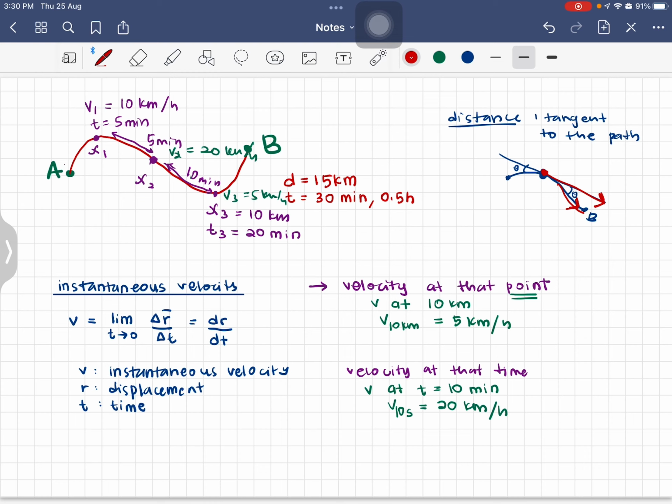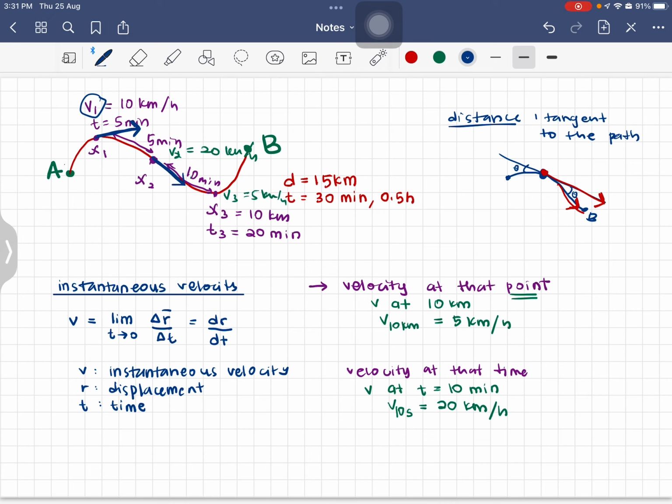Okay. So at x1, your tangent to the path will be something like this. So we take just its velocity. We will start here and go there. So this is the direction for V1. And for V2 it is the same. We will follow the path.